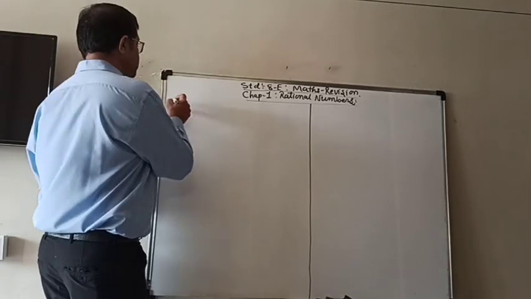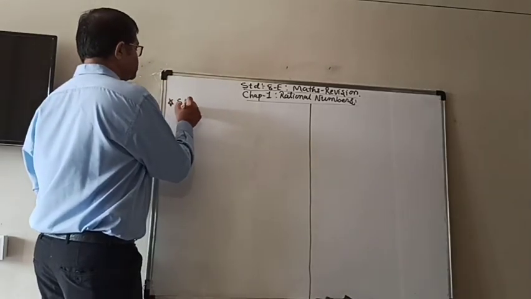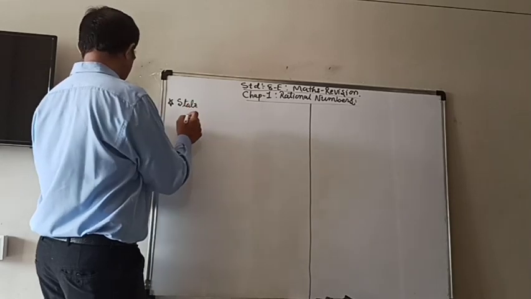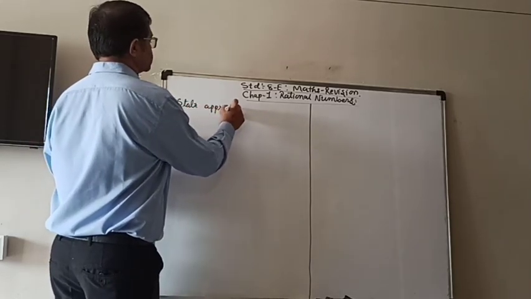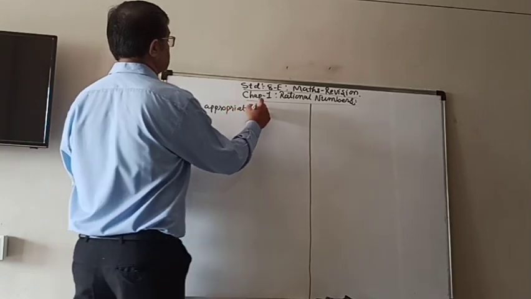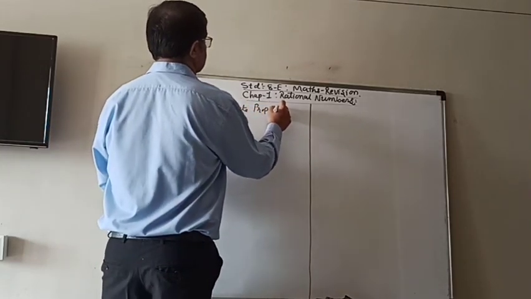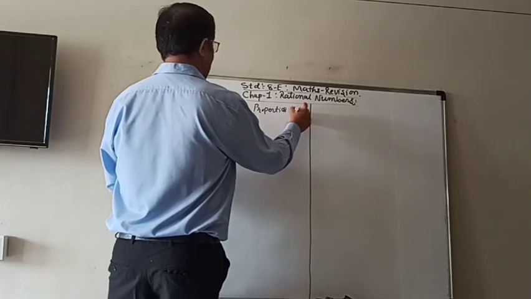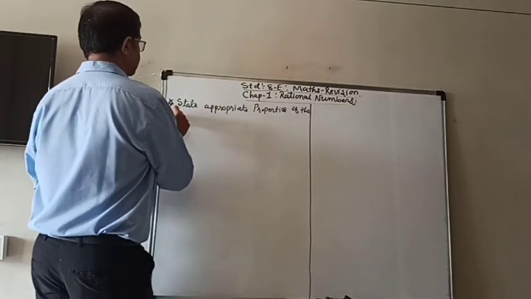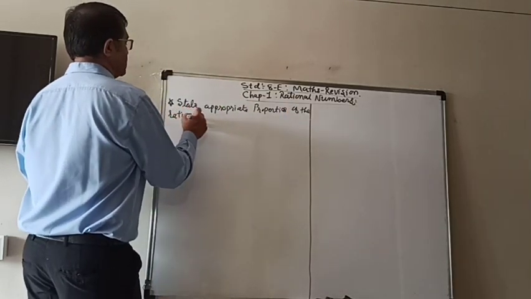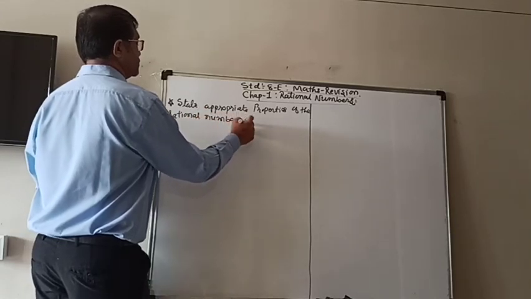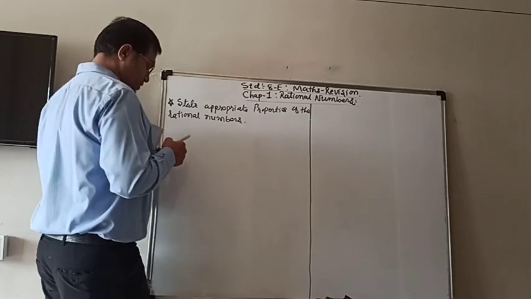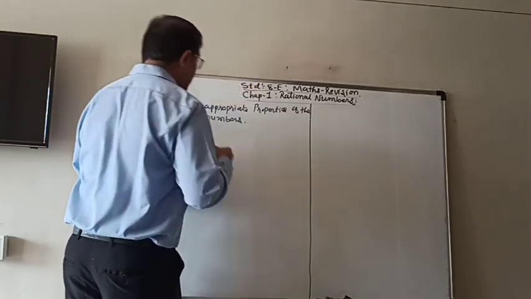So here, first one: state appropriate properties of the rational numbers. It means that whatever property is used, you have to just write down the name of the property.